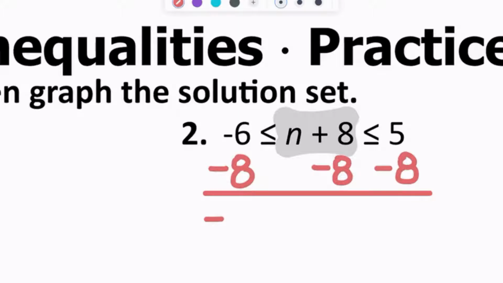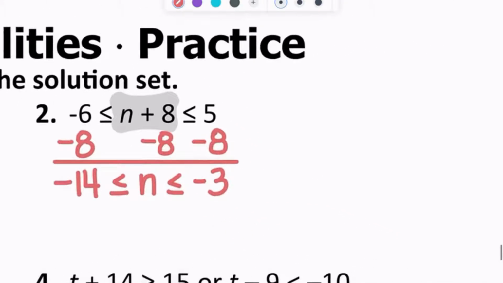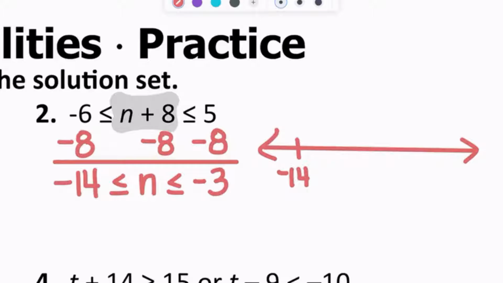-6 minus 8 is -14, is less than or equal to n, is less than or equal to 5 take away 8 is -3. So if I'm going to graph this on a number line, I have -14, -13, -12, -11, -10, -9, -8, -7, -6, -5, -4, -3.